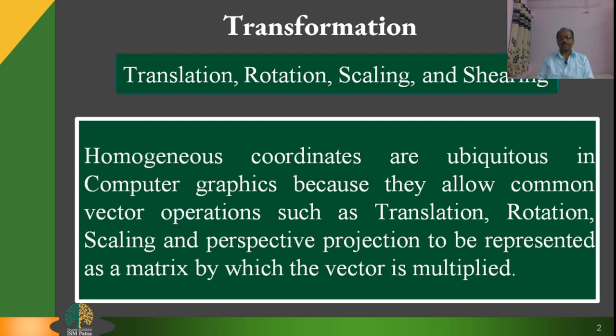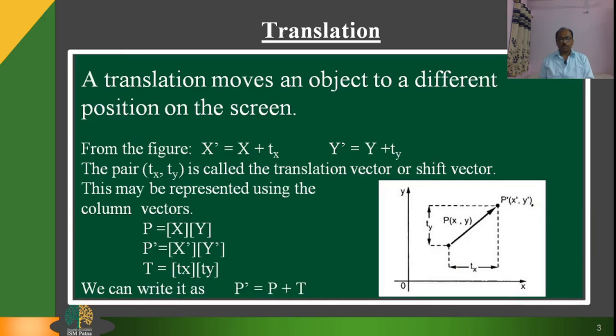For example, a point with coordinates 2, 3, 6 and another represented as 4, 6, 12 are the same point represented by different coordinate triples. That is, each point has many different homogeneous coordinate representations by which we represent the points. Now we take a look one by one.